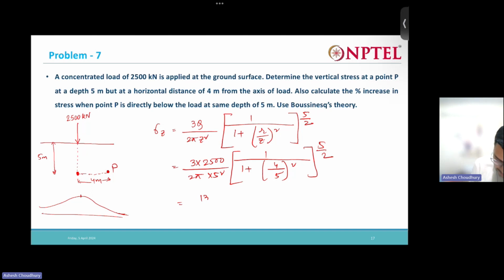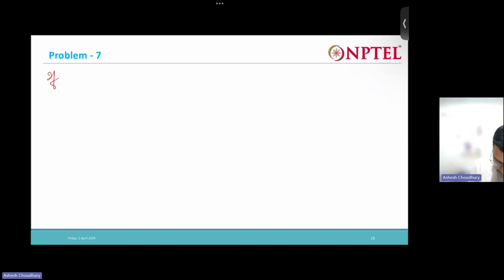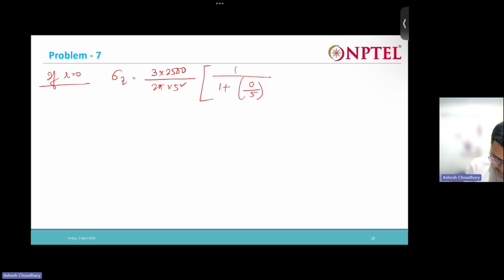So this will be, now if r is equal to 0, if the point is here, then what is the stress? Obviously just below the point of loading we will be having higher stress, right?